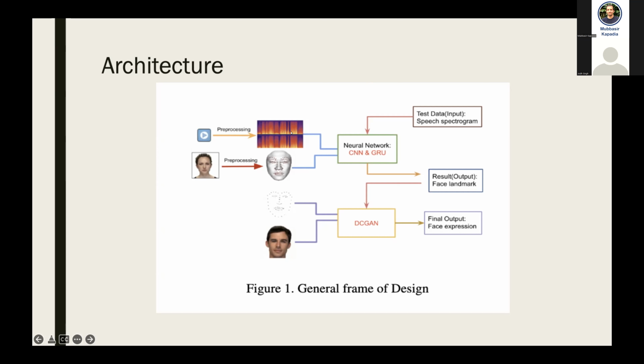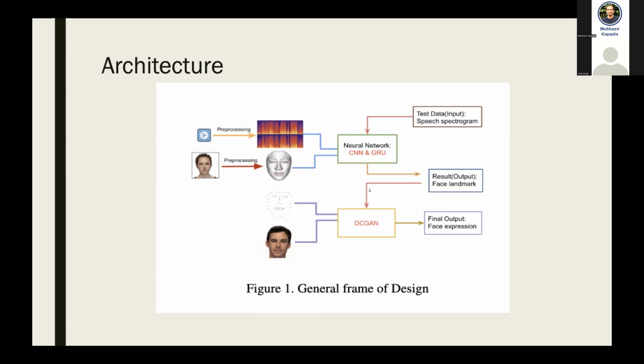Then we're sending them to the neural network, which consists of CNNs and one layer of GRU. We're putting in another test data, which is an audio file, into this GRU and getting facial landmarks as results of this network. Then we're feeding those facial landmarks to a GAN. For now, we've kept this as DCGAN, but we might change which GAN we use eventually.